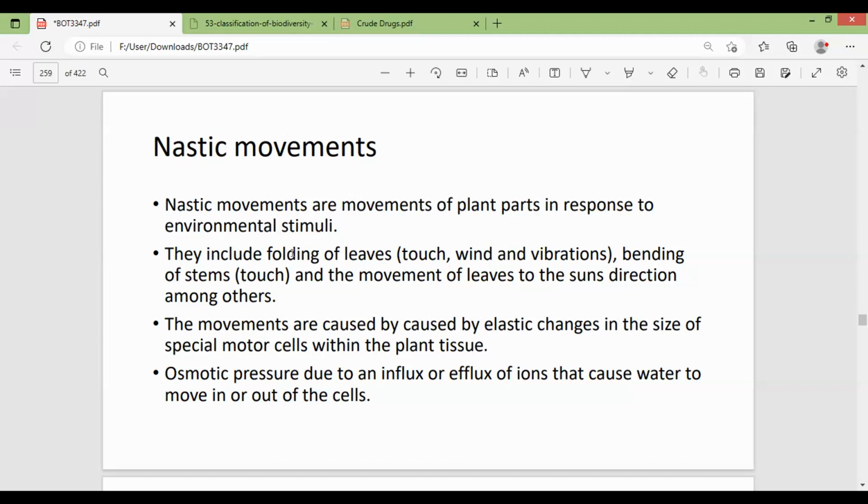Simply, nastic movements is whereby plant parts react to an external stimulus. For example, there are these plants where you touch the leaf and it will fold. That's what we call a nastic movement. Yeah, the plant part moves, but the plant itself is stationary. We know the plant can't move.